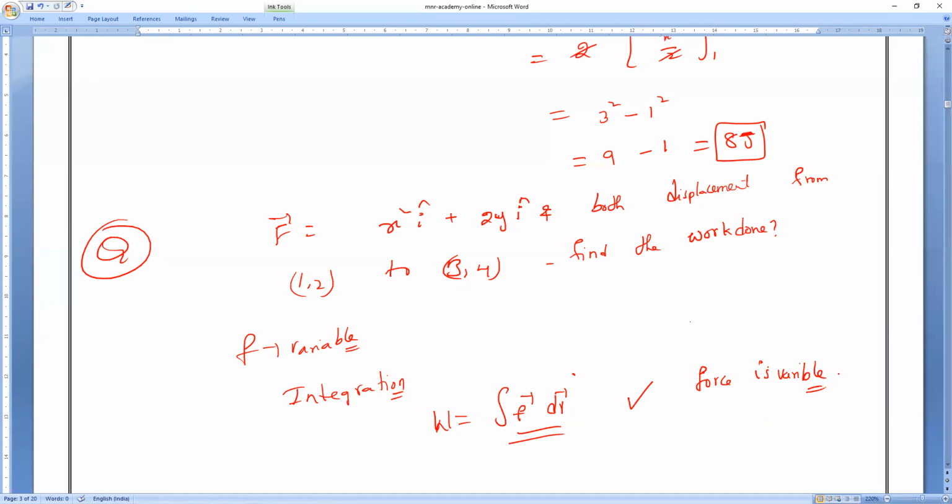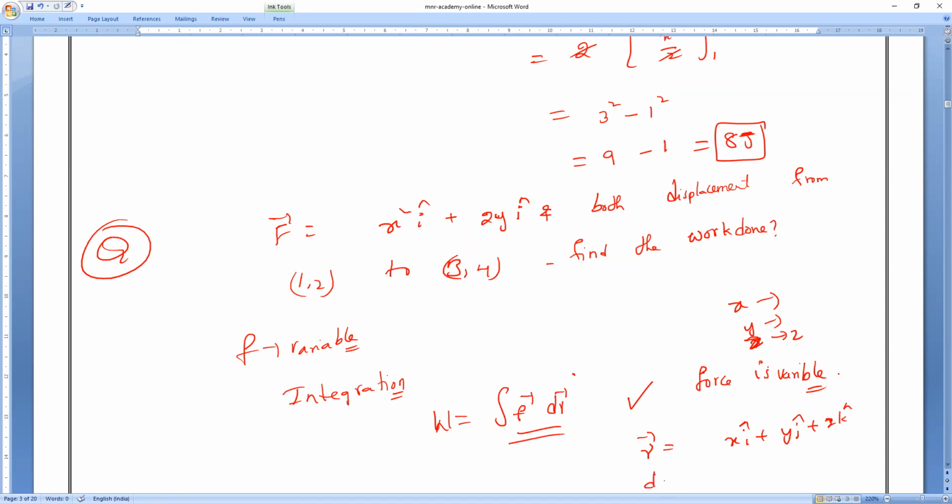If I say x, it means particularly the x direction, y means the y direction, z means the z direction. But what do you mean by r? r is equal to x i cap plus y j cap plus z k cap.